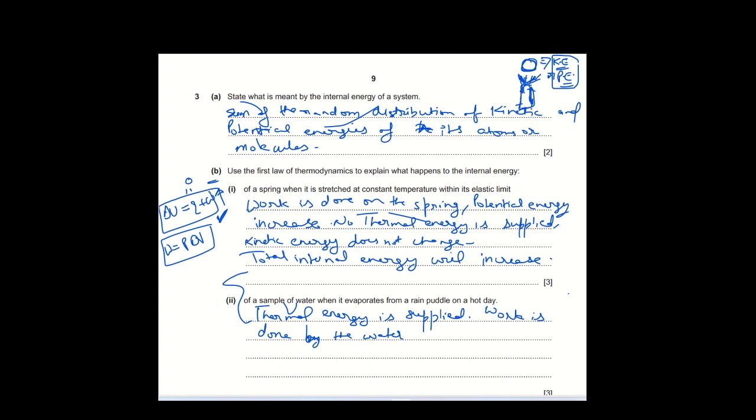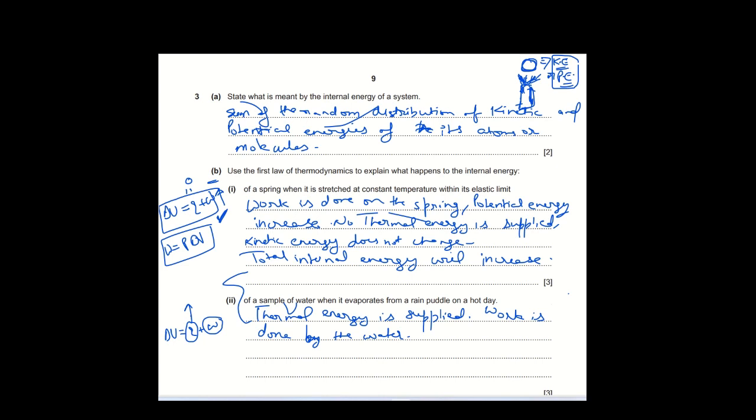but the expansion of water, or change in volume here, will be very small. If you use the equation delta U is equal to Q plus W, then the change in W value is much less compared to the change in Q value.